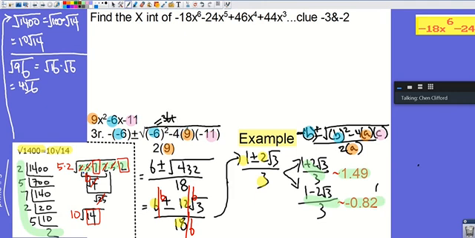And then this is 4 times 9 times 11, which is 36 times 11, which gives you 396. And then 36 plus 396 gives you 432. And by the way, a double negative here becomes a positive.